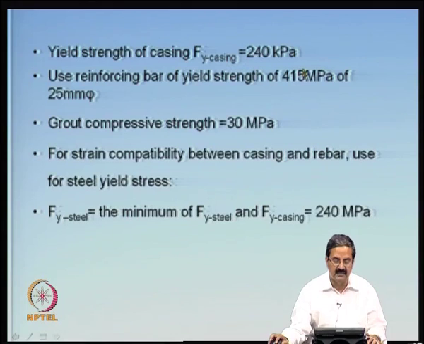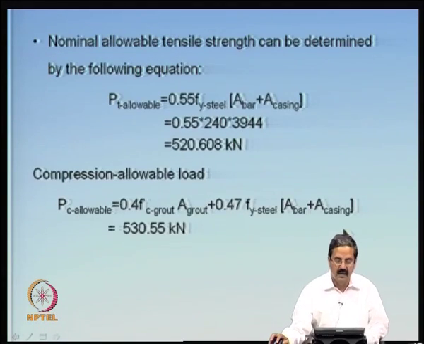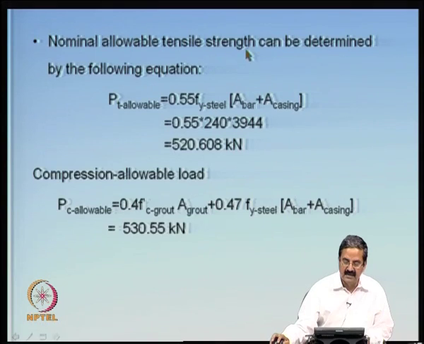We know the yield strength of this material, as I just said, the yield strength of the casing is 240 MPa, and the reinforcement bar is 415 MPa with 25 mm diameter. The compressive strength we know, with strain compatibility, we have seen this formula, and 240 is the minimum I had taken. The normal allowable tensile strength can be determined using this equation. The maximum load is also there, and then the allowable compression can also be calculated.